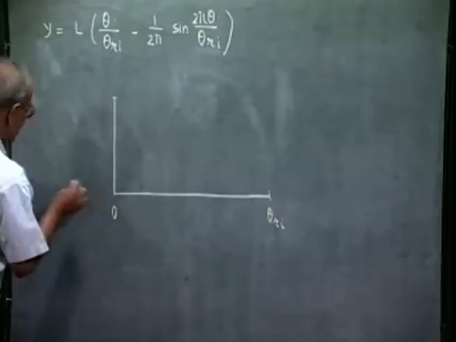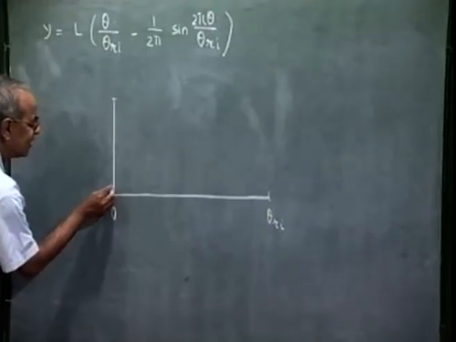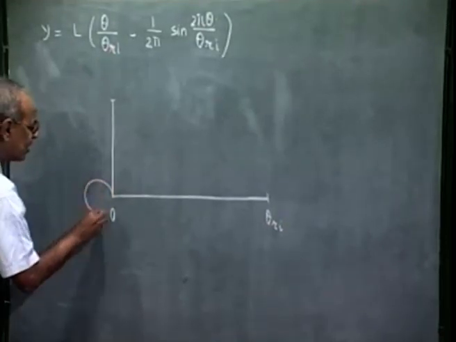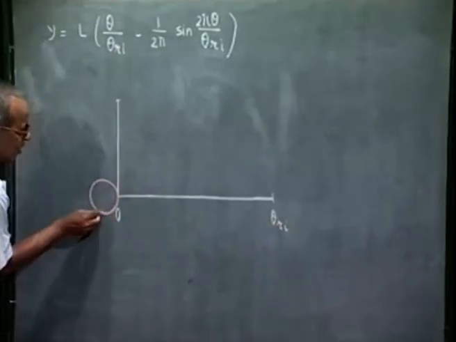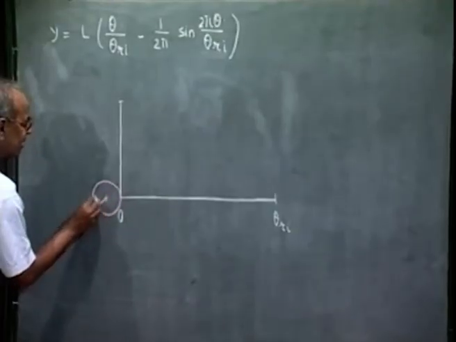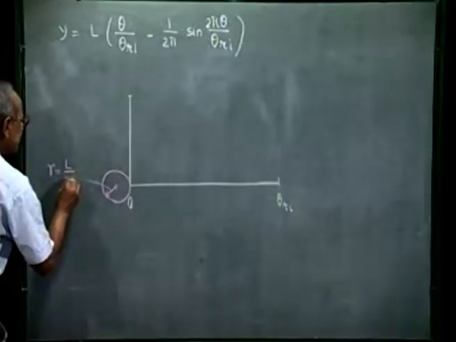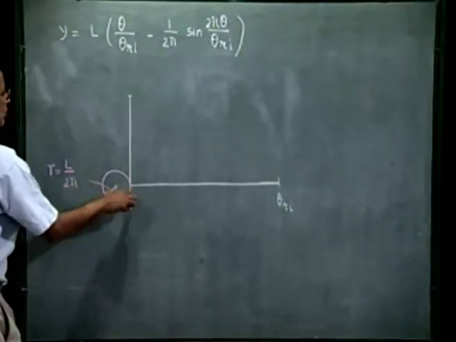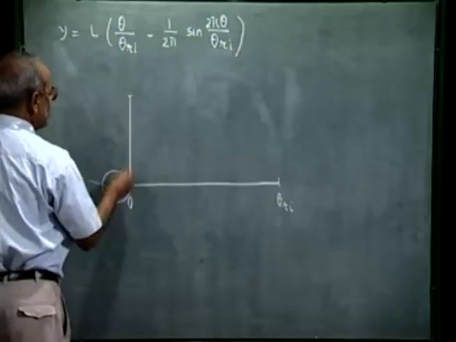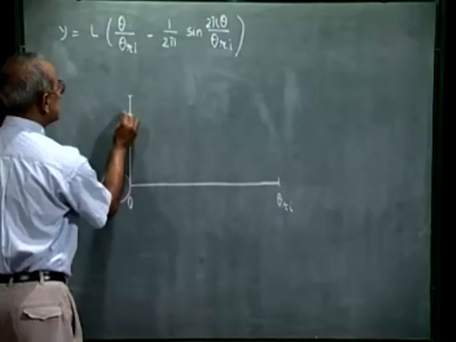As we have shown, it is really rolling a circle of radius r equal to L upon 2 pi, such that one full rotation of this wheel will bring the wheel to the end of the lift. This is the lift.